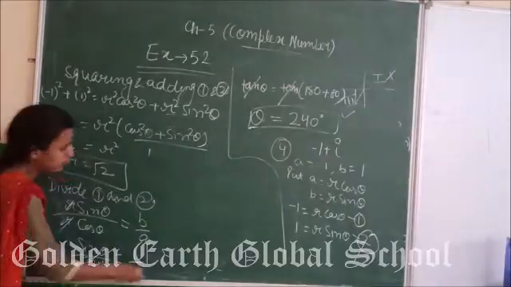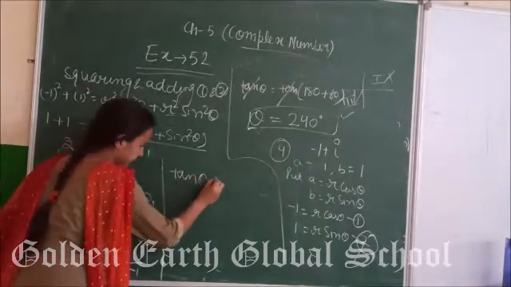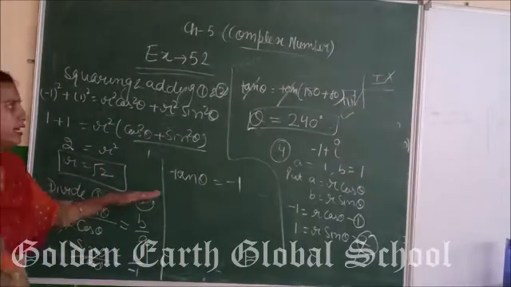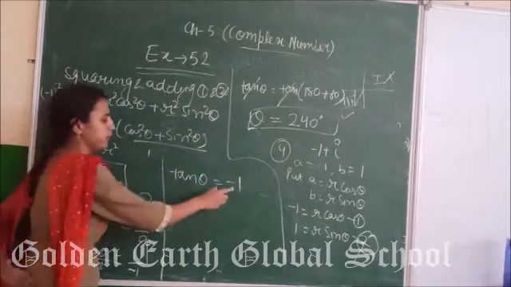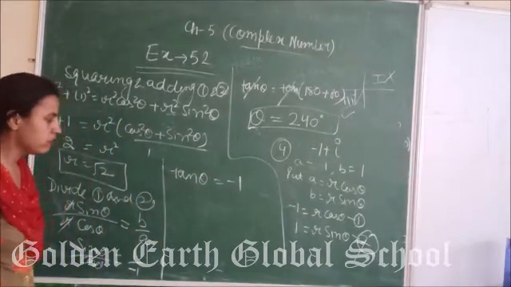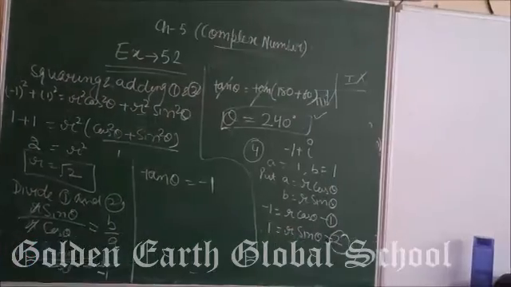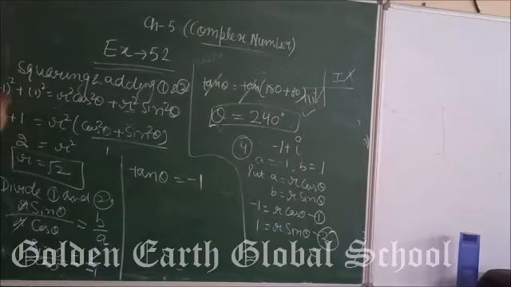What is a? Minus 1. Sin upon cos is tan theta, equal to -1. Similarly, we find the angle, in the same way as the first question. Our tan value is -1, so the reference angle is 45. Tan is negative in the second and fourth quadrants. But x is negative and y is positive, which means our angle lies in the second quadrant.